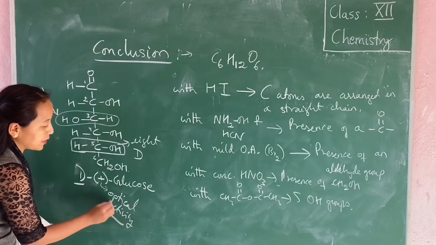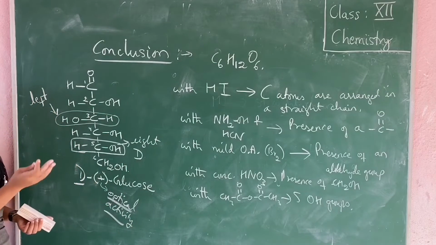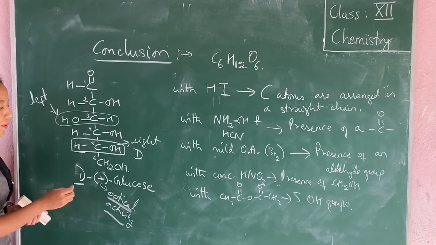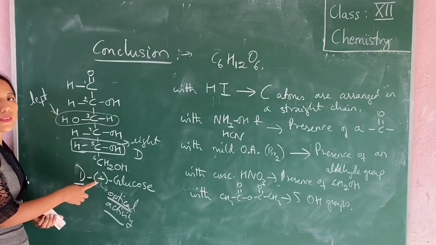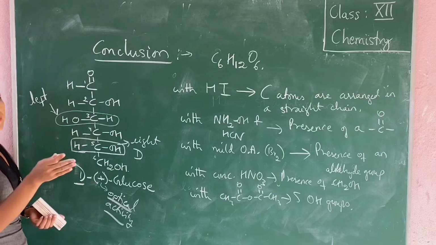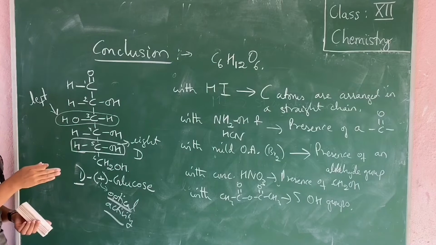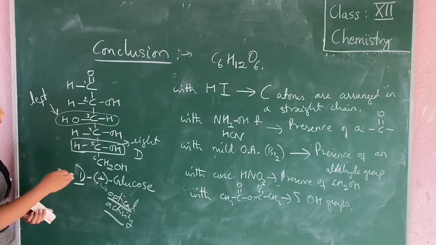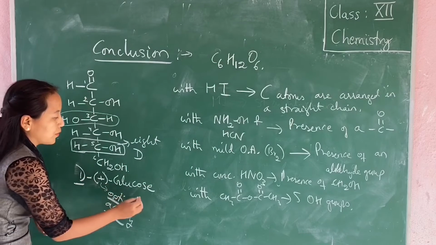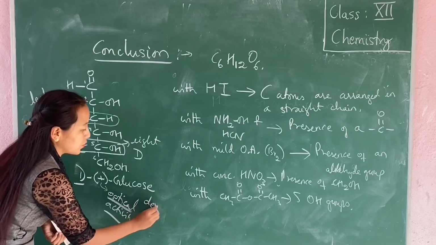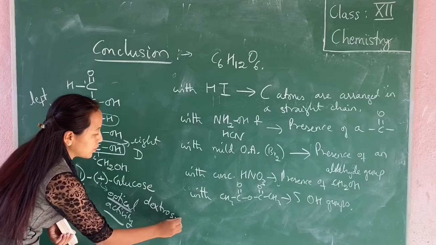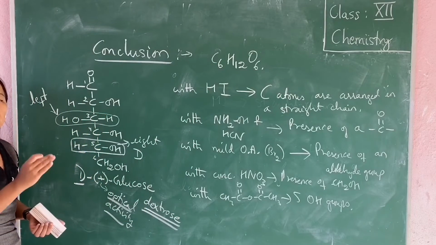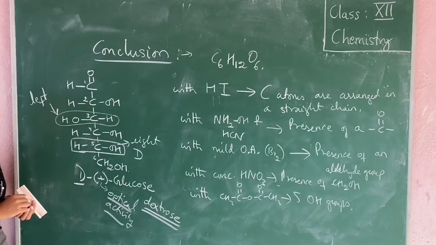It shows that the glucose rotates the plane of polarized light towards clockwise direction, because of which it will have a plus sign. If it rotates the plane of polarized light towards the anti-clockwise direction, then it will have a negative notation. The plus sign, or you can also use the term dextrorotatory, or glucose is also called dextrose, because it rotates the plane of polarized light towards the clockwise direction.